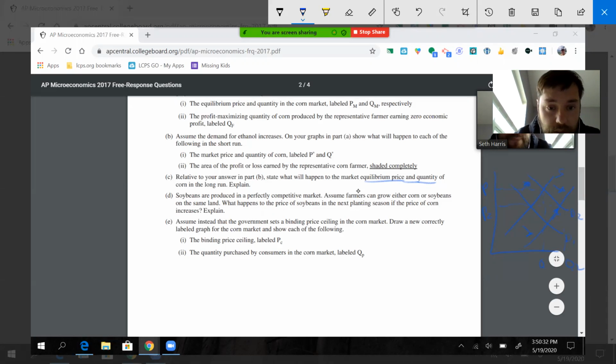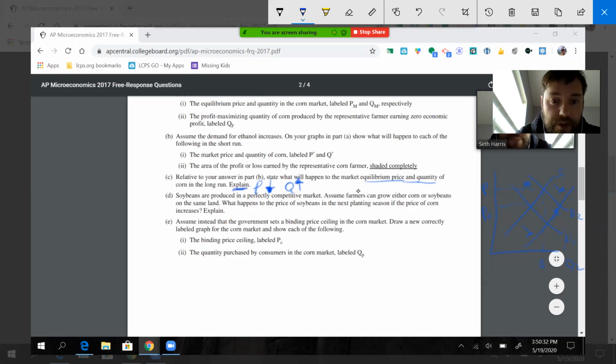So in this explanation, you should say something, due to this increase in supply because corn farmers are making economic profit. And then eventually, price is going to decrease due to this shift in supply, and the quantity is going to increase due to this shift in supply.